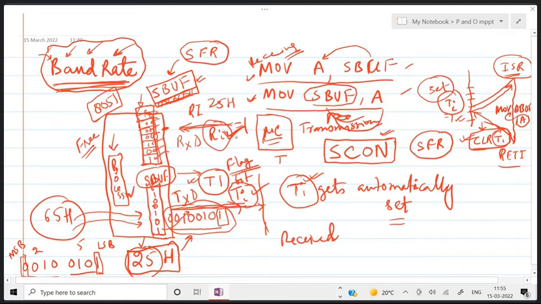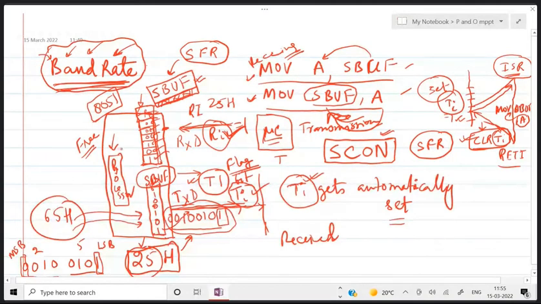So when RI becomes 1, that means 1 byte of data has completely been received by SBUF. Now the processor moves the information that has been received in SBUF into some other register for whatever purpose. Could you understand the basic operation of serial communication in 8051?